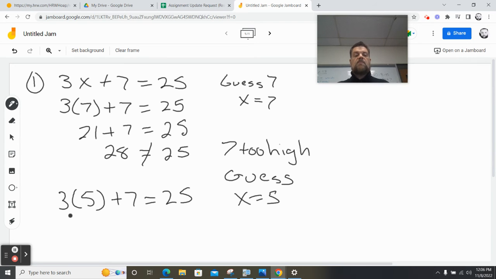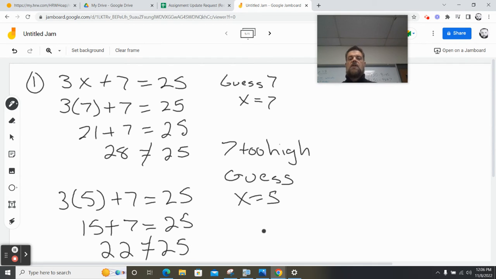Now they're doing this on purpose. What's 3 times 5? 15. Plus 7 equals 25. What's 15 plus 7? 22. Are those equal? No. Well, what is 22? 5 is too low.